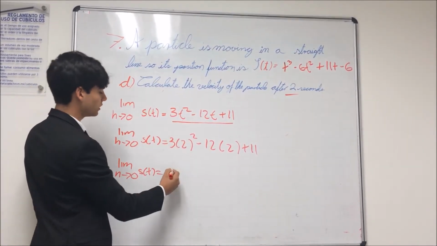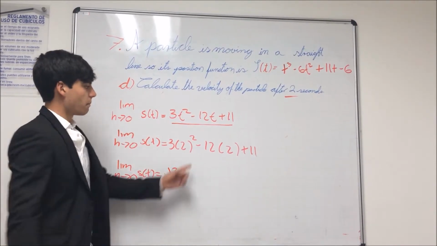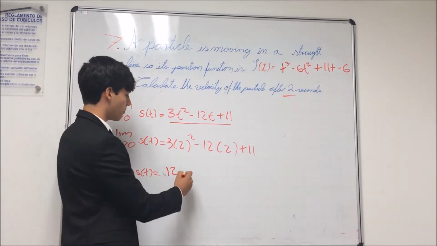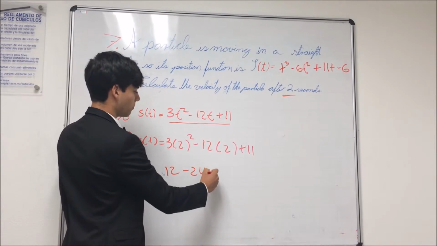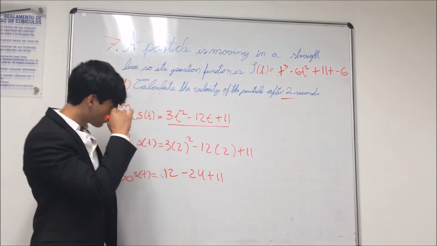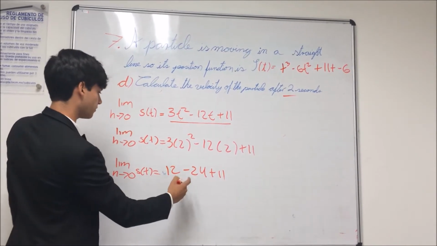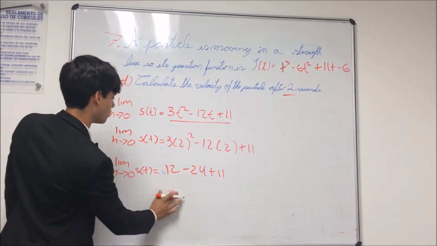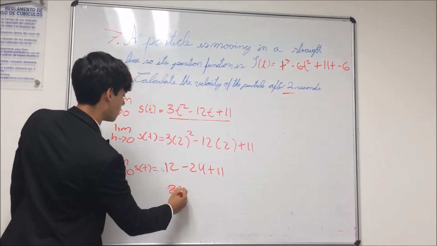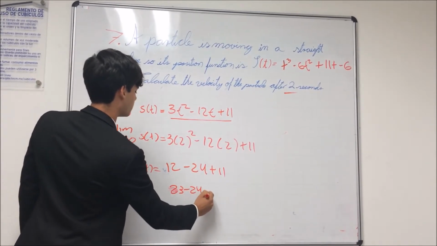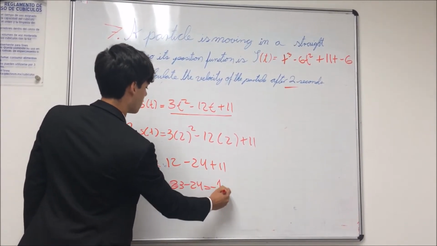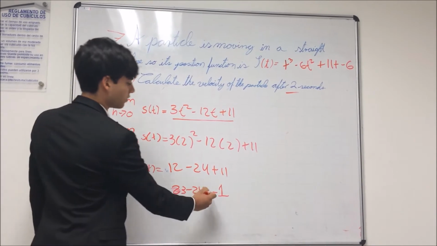So 3 times 4 is 12. Minus 12 times 2 is minus 24 plus 11. So if you add these, you get 23 minus 24, which is equal to negative 1. This is going to be your answer.